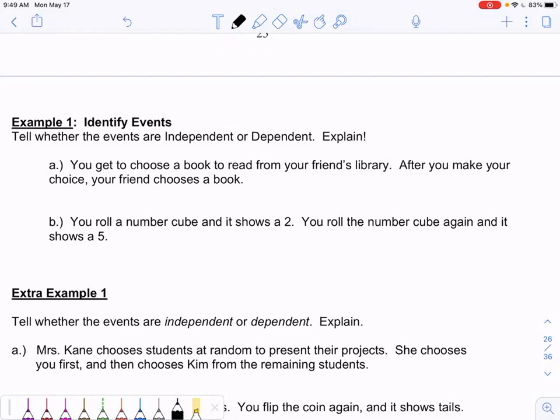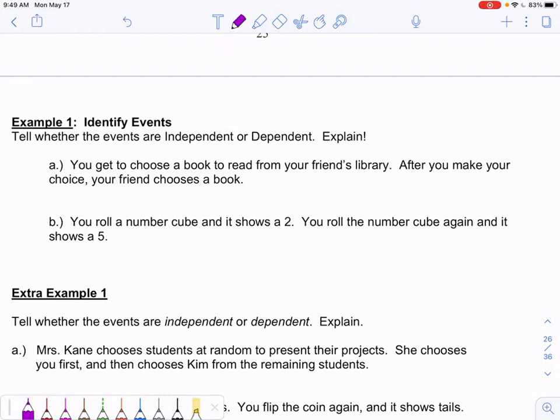Okay, so I have a stack of books over on the side. And Michael, let's pretend that they're all different. So you pick a book from that stack. Does that then change the results of what your friend has to choose from? Yeah. Why? Yeah, because can your friend pick the book you chose now?